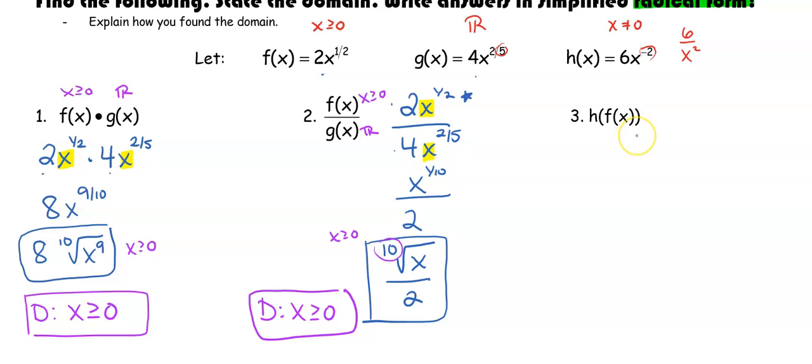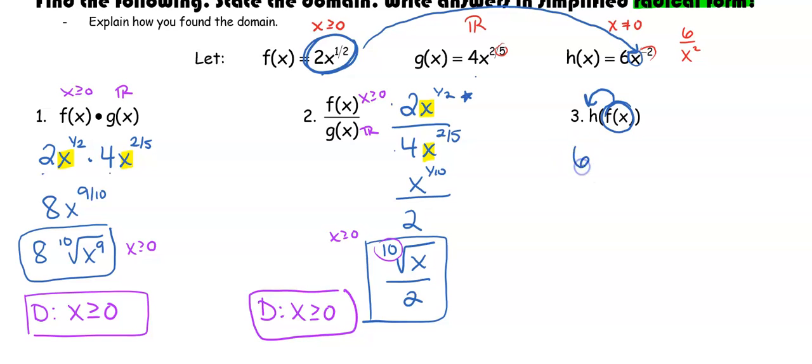Our last one, so our composition of functions. We're taking our f of x and we're going to substitute it into our h of x. So here is our f of x. That's going to be plugged into the h of x for that x value. So I'm taking that whole thing and I'm going to replace the x.